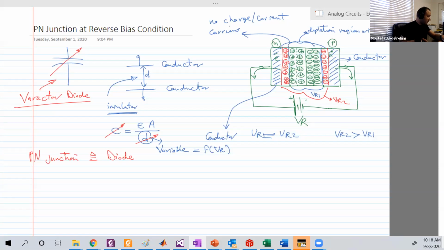Okay, now I will list down the equation that relates the Varactor diode to the input voltage.